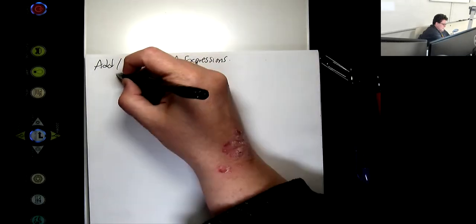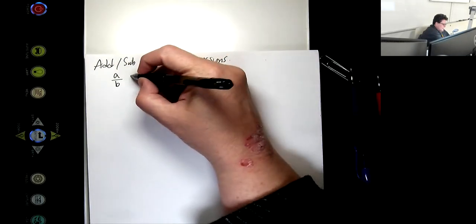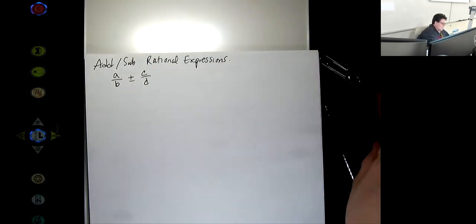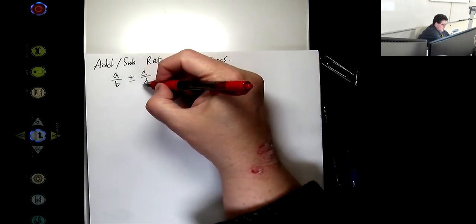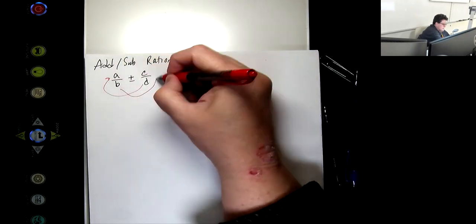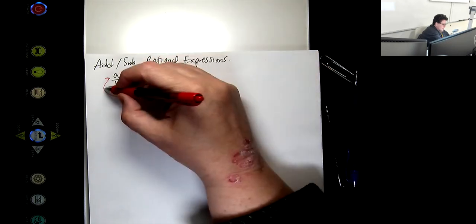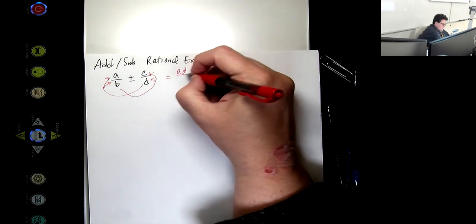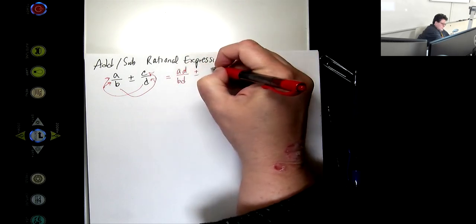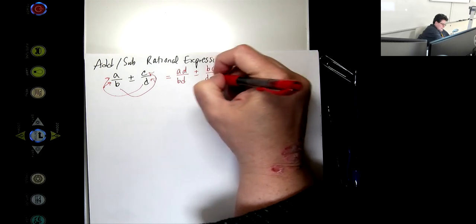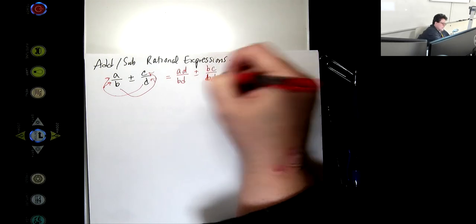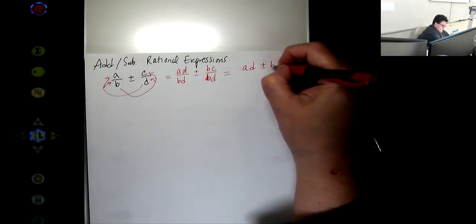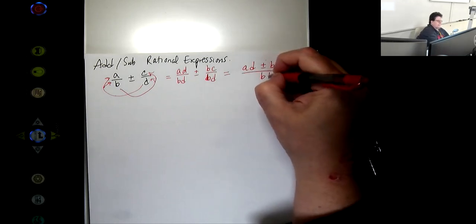The way we do this generally is if we have a over b plus or minus c over d. One way of doing it is just taking the denominator of one and multiplying it by the other, doing it on both things. So this becomes AD over BD plus or minus BC over BD. And now that I have a common denominator, I can put these two together and make it like that.